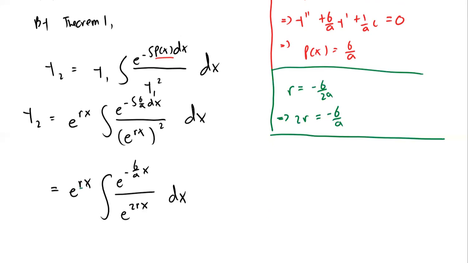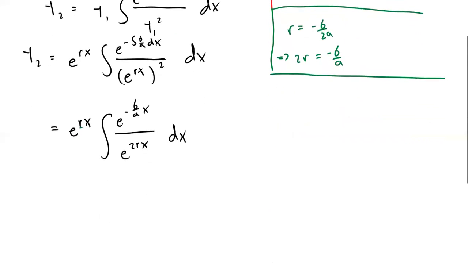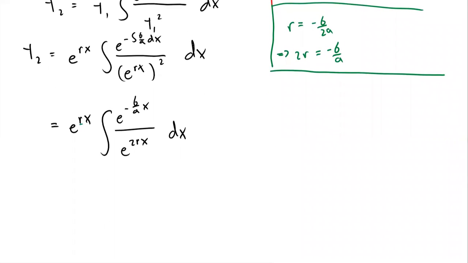Well, I'm doing this for this reason. I can plug that into this expression. Let's see how I plug it in. e to the rx times the integral. I have e to the negative b over a x. But we know negative b over a is equal to 2r. So I'm just going to replace negative b over a by 2r.